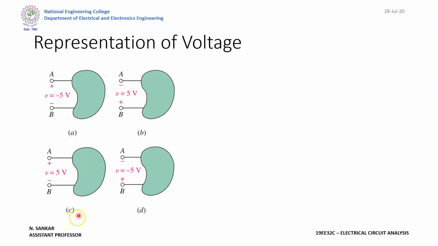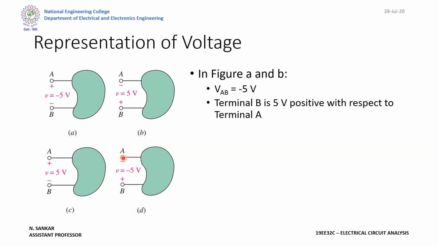Similarly, if you take figure C, here A is positive, so we can simply say VAB is equal to the given voltage, that is 5 volt. And in the last figure, A is negative, so we can represent minus VAB is equal to, they have given the voltage -5. So minus VAB is equal to -5, the minus gets cancelled, then VAB is equal to 5 volt.